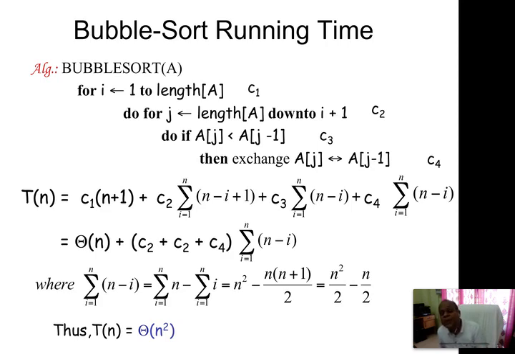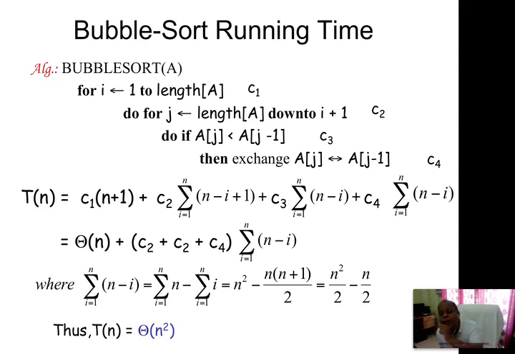Length of A is n, down to I plus 1. That means it will run from length of A, that is n, down to I plus 1. So it will run n minus I plus 1 times.